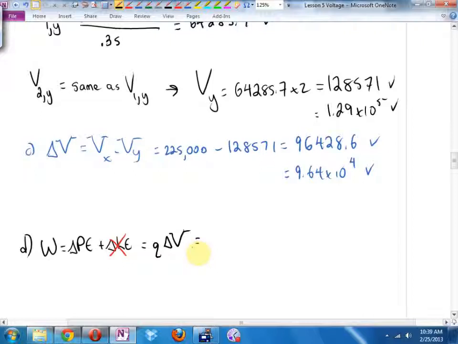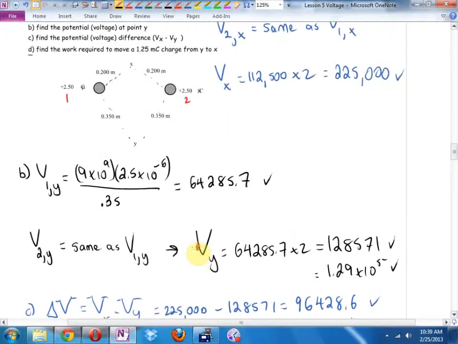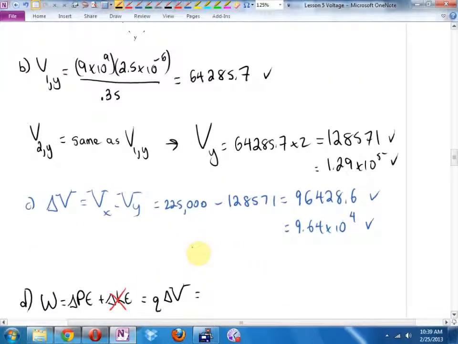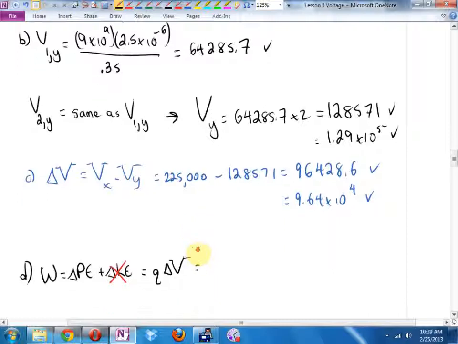Now, why is this so much shorter? How big is the charge that we're moving? What does it say in part D? Micro? Careful. Positive or negative, because I have to include the signs because it's a scalar. So, positive 1.25 times 10 to the negative 3, milli. How big is the potential difference that we're traveling through? That's what we figured out in part C. 96,428.6.